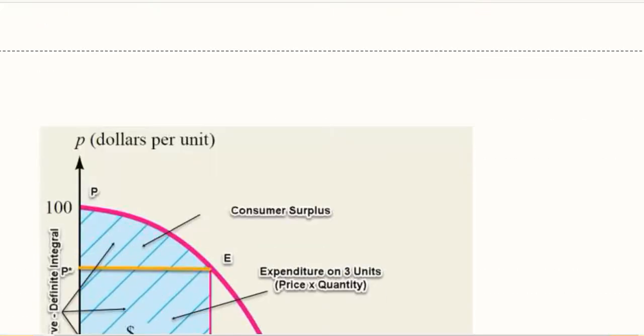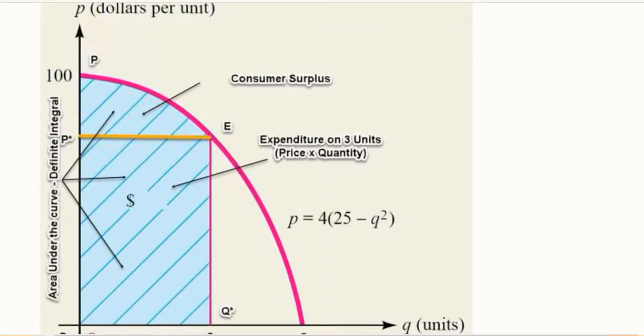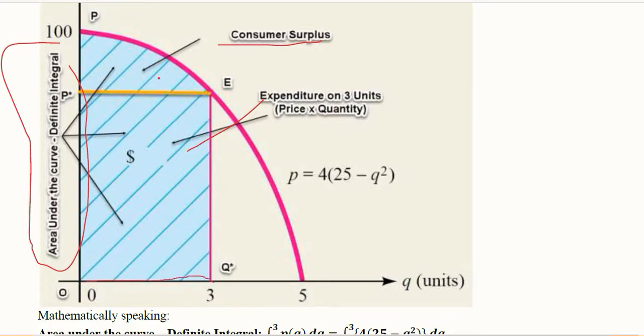Now this is easy to understand with this labeled diagram, what is the consumer surplus, what is the expenditure, and on the whole this blue area is basically the area under the curve between 0 and 3. This is what it is in terms of an integral.